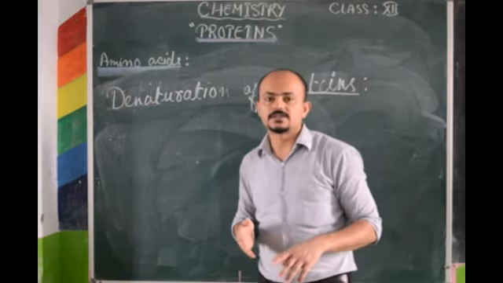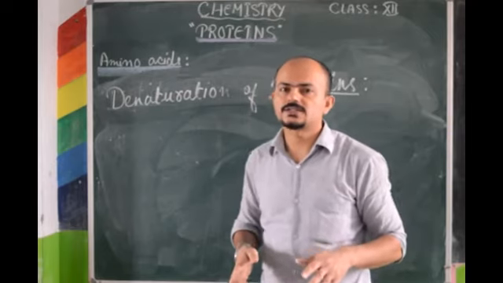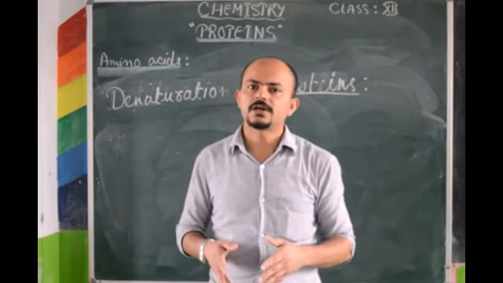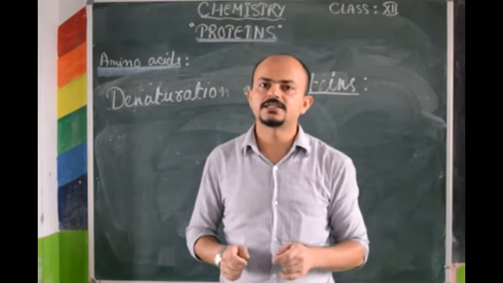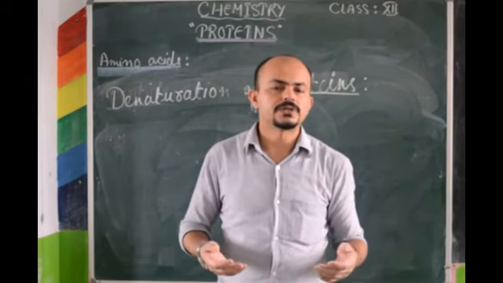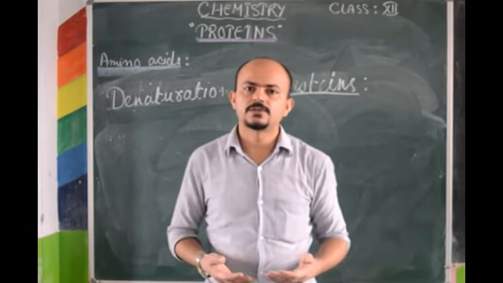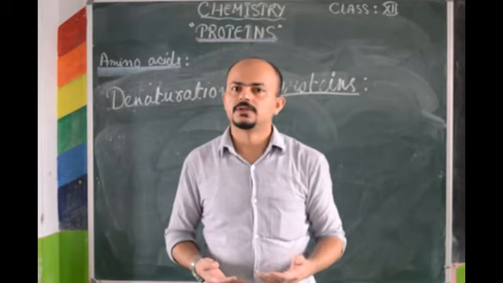I urge you to go through the structures of these proteins from your book, and if you have any doubt regarding the structure, you are always welcome to text me. Since you all have my WhatsApp number, you can ask me all your queries over there.